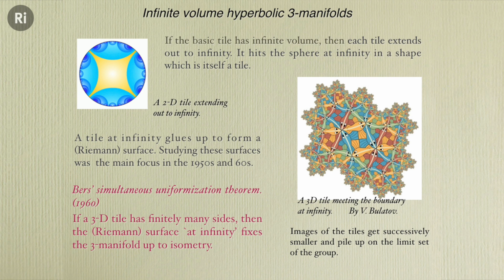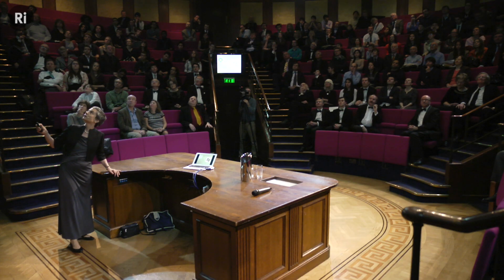It says that if I stick up these things, then if I control what happens out at infinity: there's a tile in the middle of hyperbolic space, we glue up the sides of the tile, and we produce a solid thing that has some bit that goes off out to infinity.